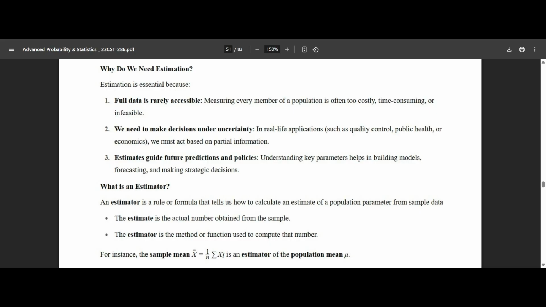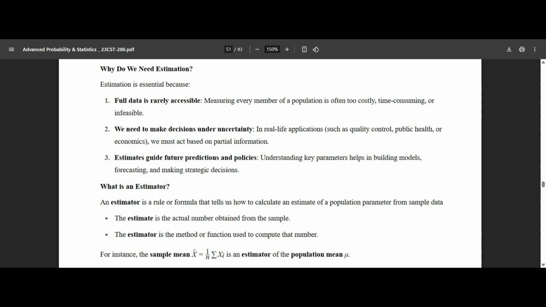It's not possible to go house to house collecting information. And even if you did, some people might not be there, some might be on vacation, some might be at work. So it's technically not possible to always get the complete information. So we must learn how to base our decisions on certain samples.